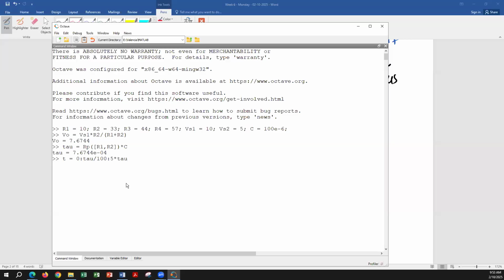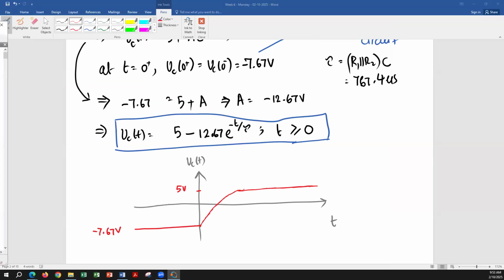I think it's going to go down, and my equation is Vc is 5 minus 12.67 times exponent of negative t over tau. And then I can plot t comma Vc.